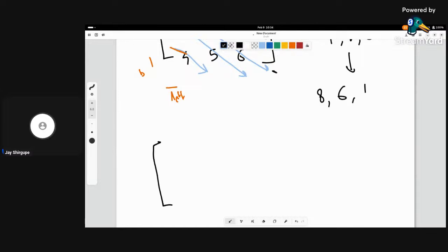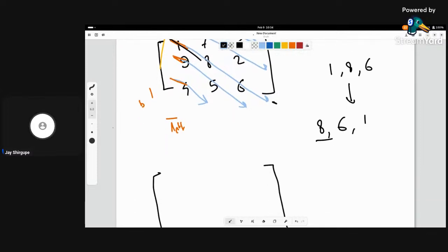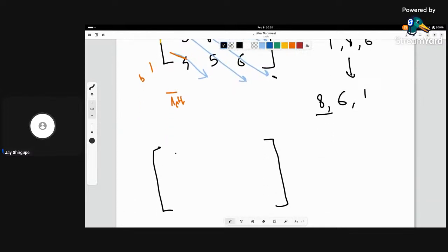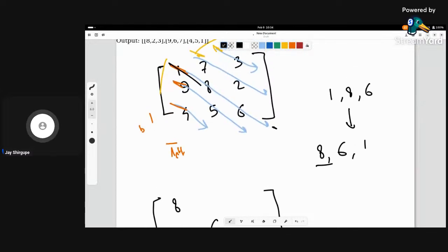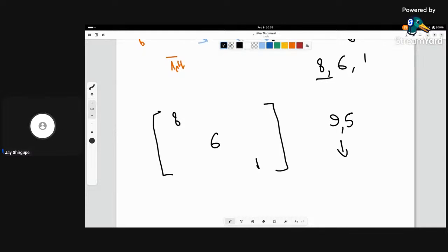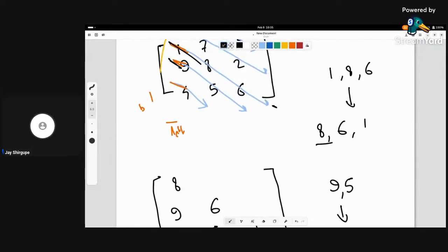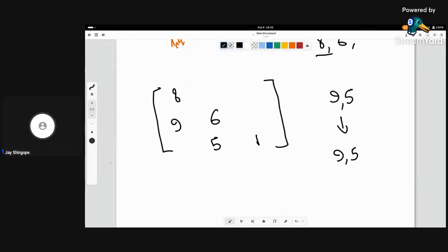So you take this diagonal, sort it in non-increasing order, and fill in the modified diagonal. Then we can take this diagonal, 9 and 5. When you sort it in non-increasing order, it remains 9 and 5. And the last diagonal is 4, which is a single element, so it remains 4.